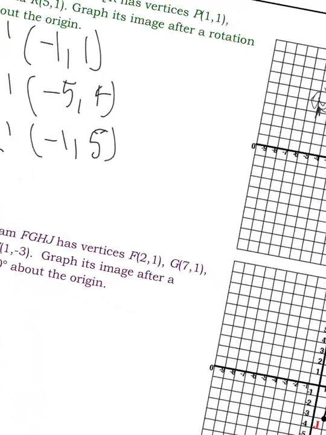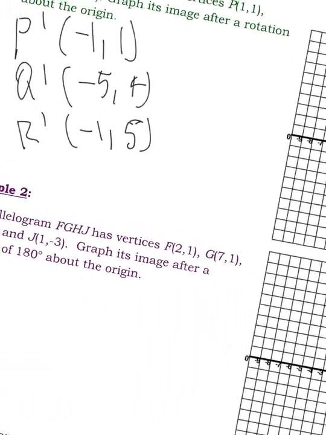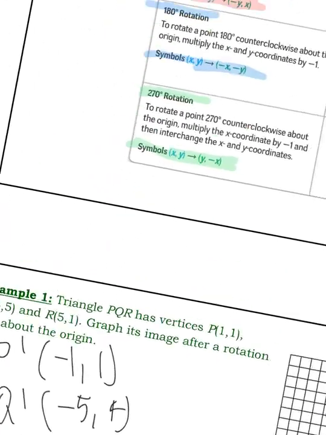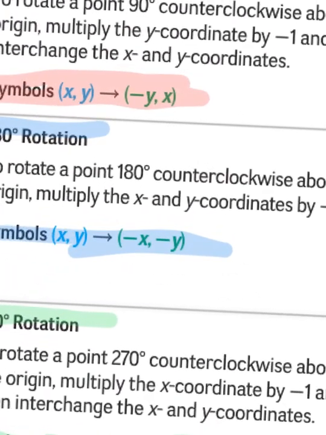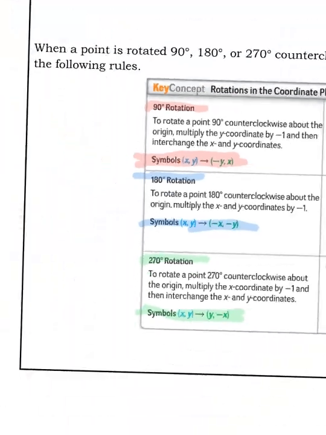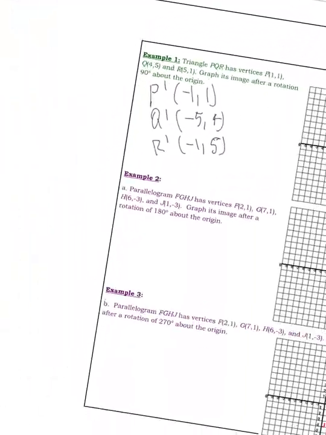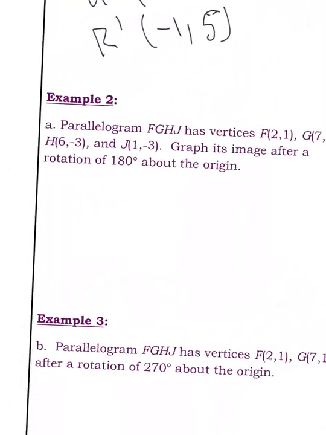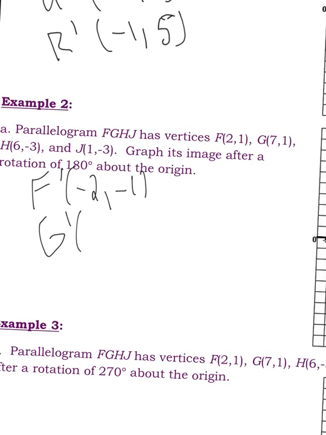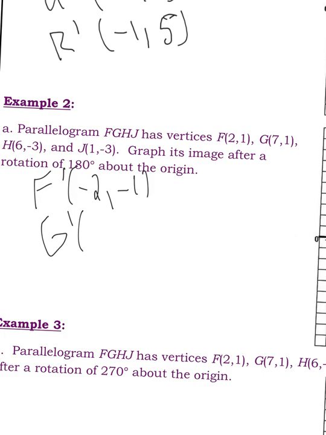Okay, so here I have this parallelogram, and I'm going to rotate it 180 degrees. So for a 180-degree rotation, the coordinates stay in the same order, just flip both the signs. Okay, so f prime is going to be negative 2, negative 1. G prime is going to be negative 7, negative 1.